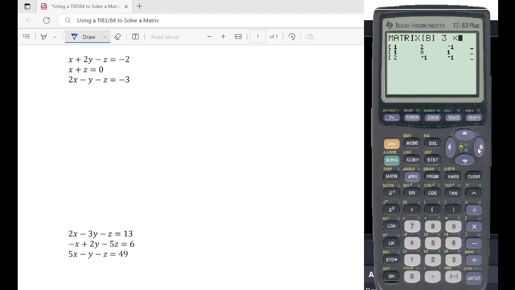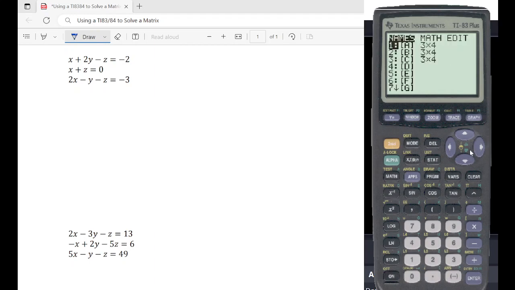So 3 by 4. So again, 1, 2, -1, -2 for the first row. 1, 0, since there is no y, we put a 0 in as a coefficient. 1, 0, and then 2, -1, -1, -3. And once you've double checked to make sure everything's right, we're going to go second mode to get out.